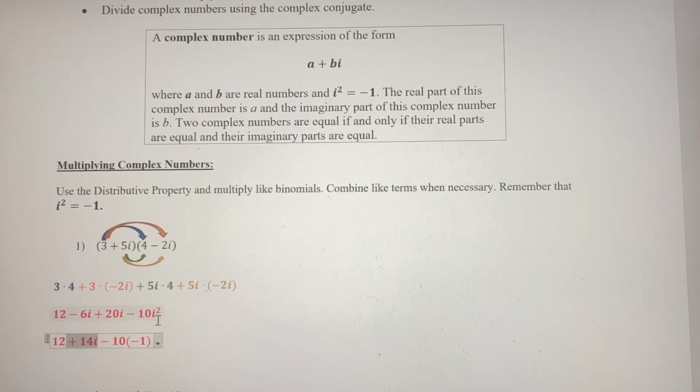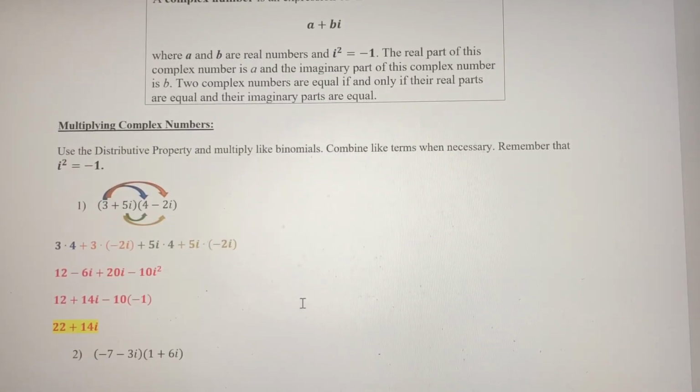And I've substituted -1 here for i squared, okay? So I've got a 12, and then I've got a -10 times a -1. Well, that's +10. So I've got a 12 here and a +10 to combine. So that's going to give me my answer, which is 22 plus 14i, all right?